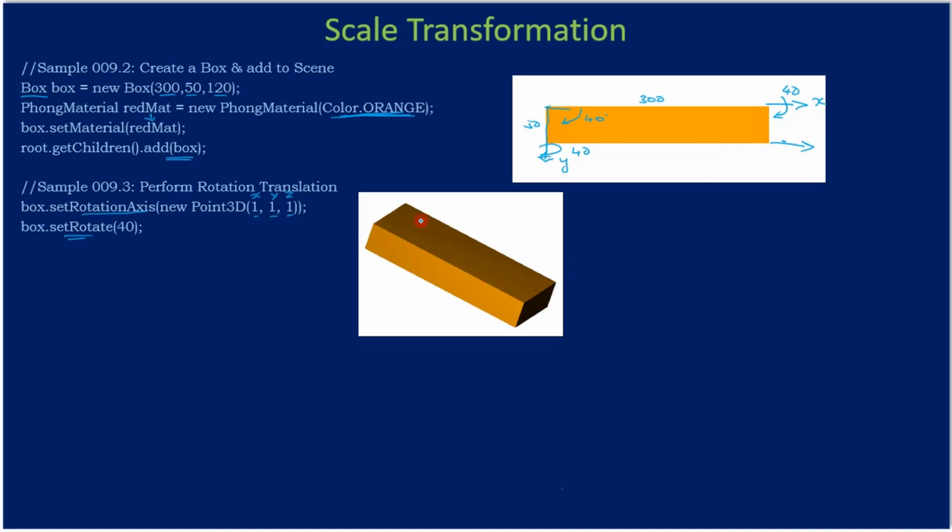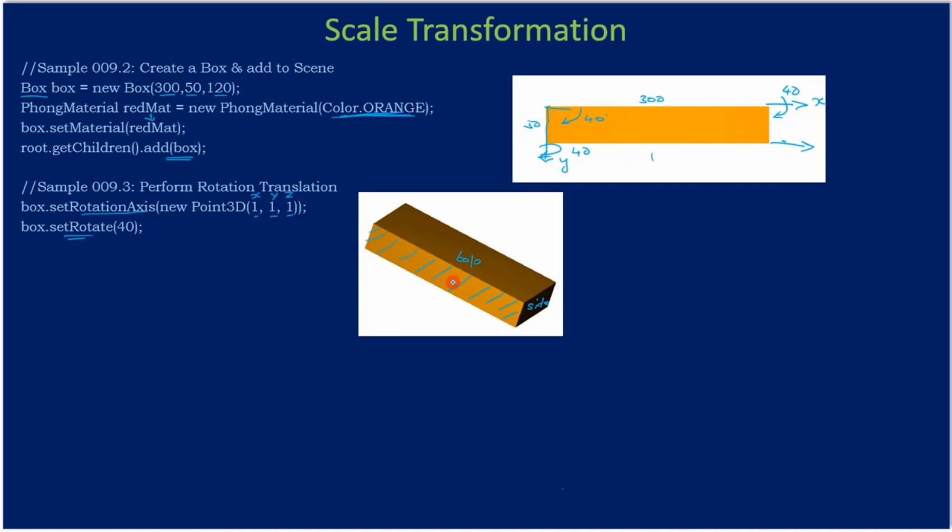That's why initially in this picture you saw only this specific face. Since we rotated this 40 degree in X as well as Y, we are seeing both the faces. So this is the top face and this one is the side, right? So now we see all three faces.